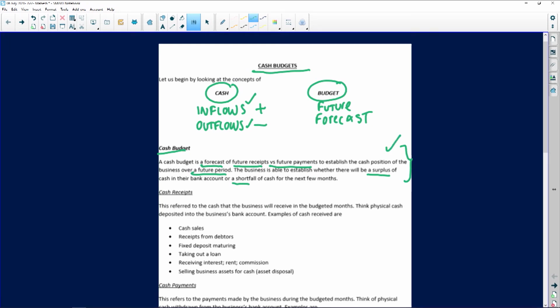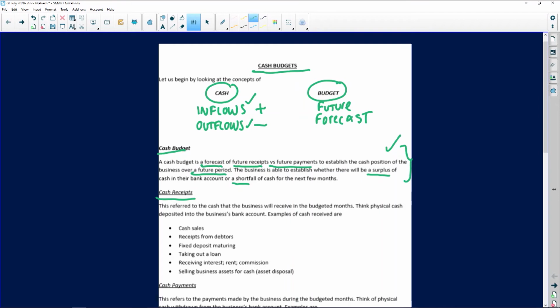Let's now focus on what a cash receipt is. Now guys, this is very, very important because often what we find in the exams is that you tend to confuse a cash receipt with an income. So let's look at the definition of a cash receipt, and then I'll talk about an income.